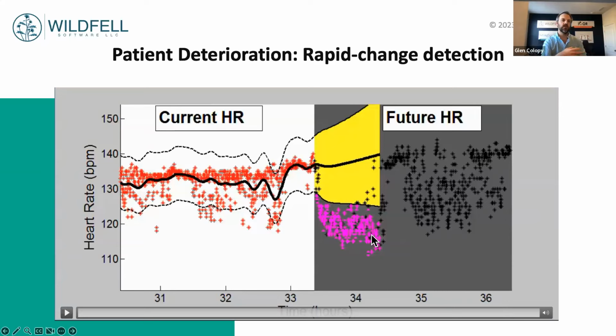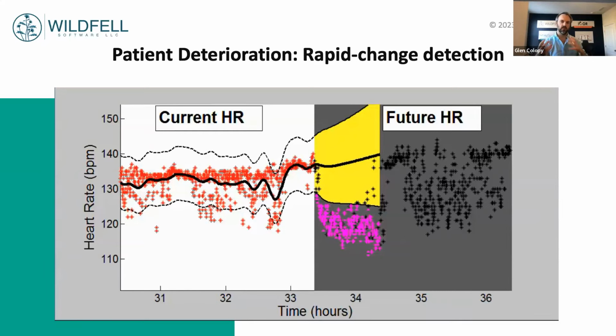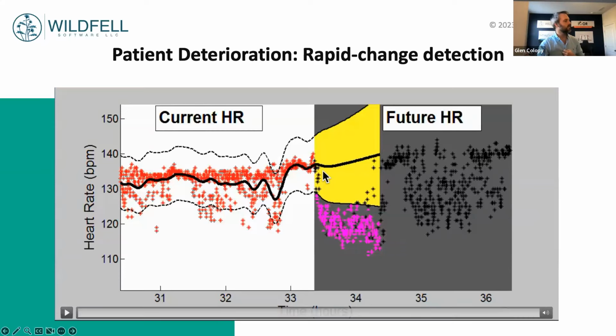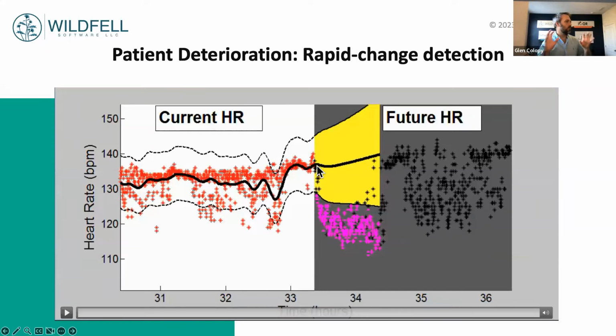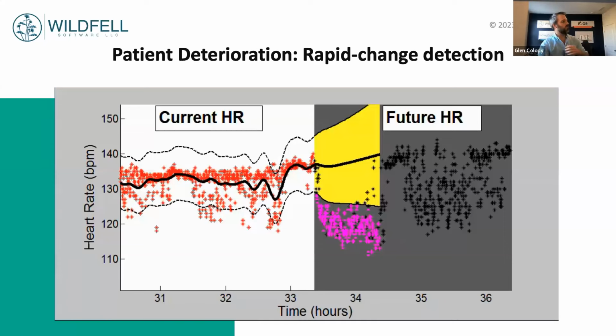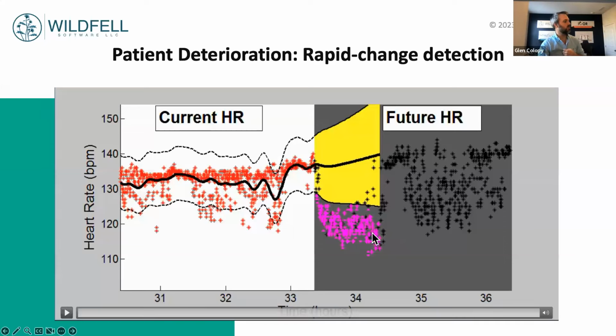And this is a key example where this probabilistic approach that we have can turn clinical inference on its head. Because in this case, a patient's heart rate dropping down from 135, which by the way is a very difficult heart rate to reach unless you're exercising, and then the patient drops down to about 120, 110 over about an hour.